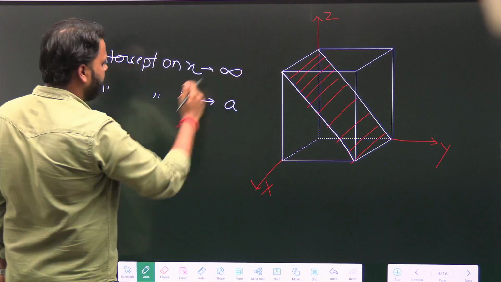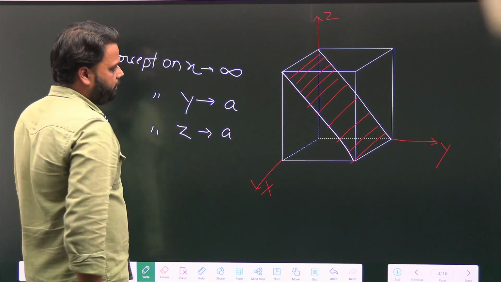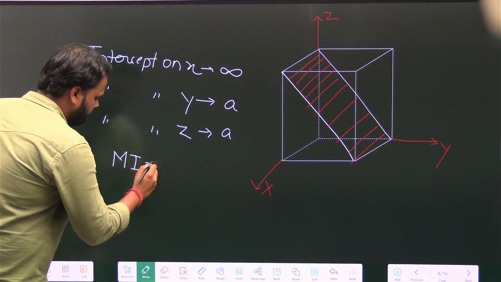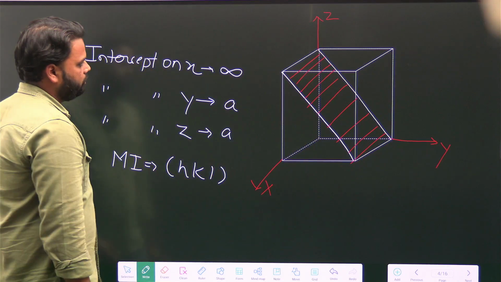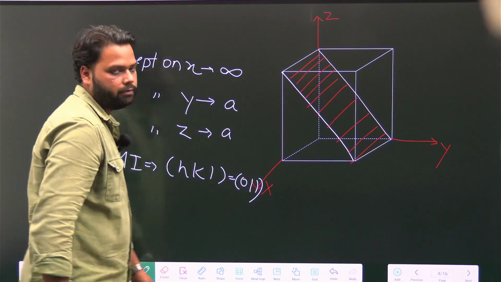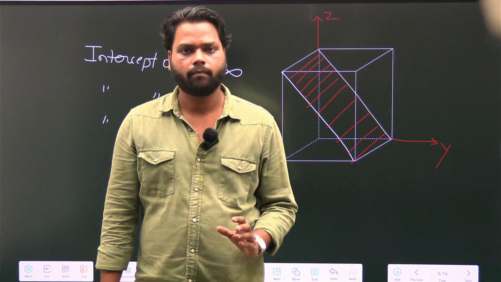Where is it cutting the z-axis? Also A. Okay. Just simply divide. So the MI, that is Miller indices, that will be HKL, and it will be equal to 0 1 1. Okay, it will be 0 1 1. ठीक है, क्लियर हो रहा है, समझ में आ रहा है ना कैसे कर रहे हैं हम ये?